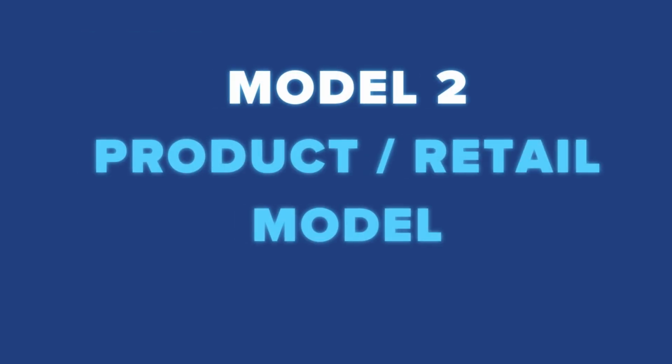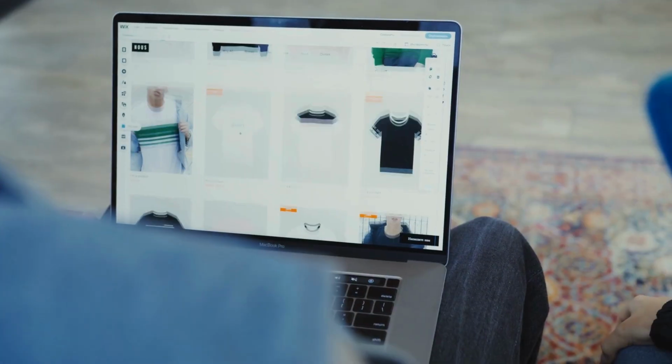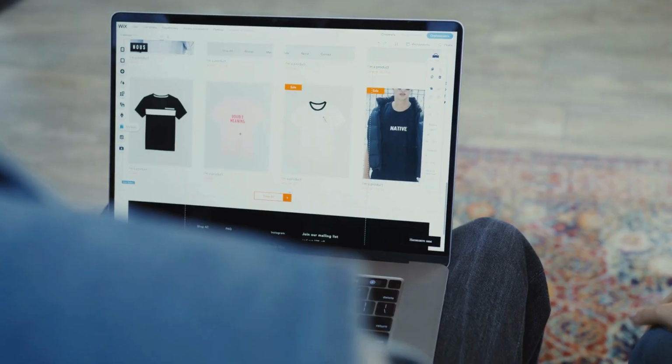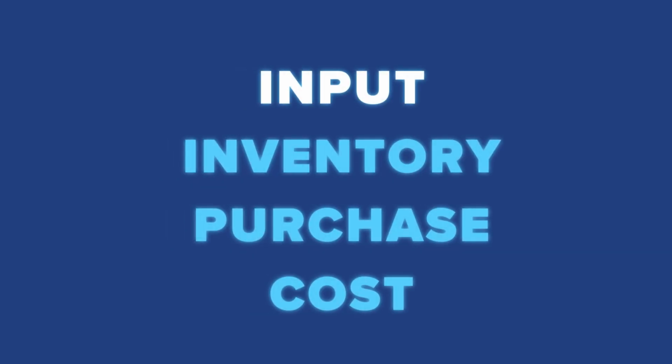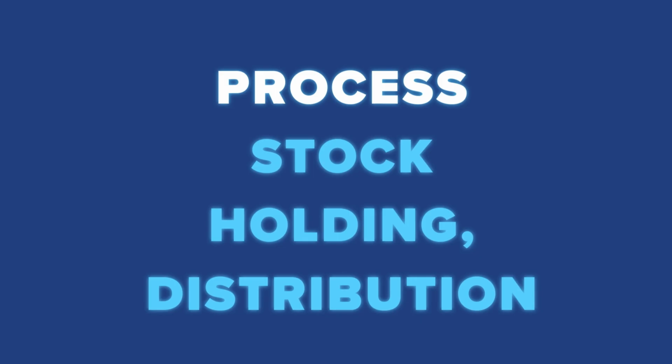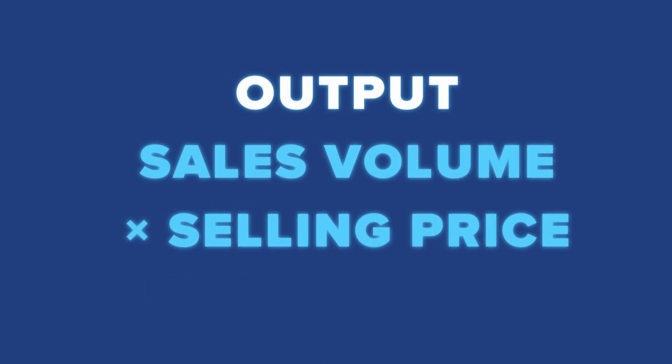In model 2, we'll explore the product or retail model. It could be things like e-commerce, wholesalers, or physical shops. The input is inventory purchase cost. The process is stock holding and distribution. The output is sales volume times the selling price.